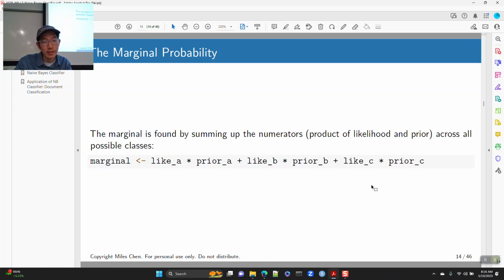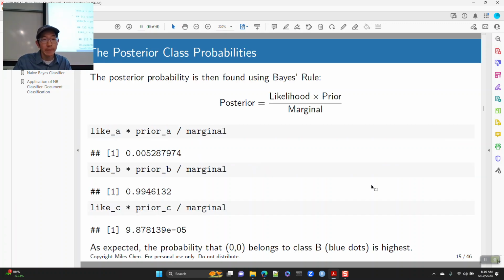So that is our marginal probability. And we go through and we're going to say, okay, what is our posterior probability? We're going to do our likelihood times the prior divided by the marginal. So I do likelihood times the prior for class A divided by the marginal. And these are our probabilities.